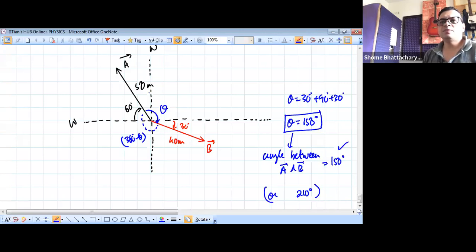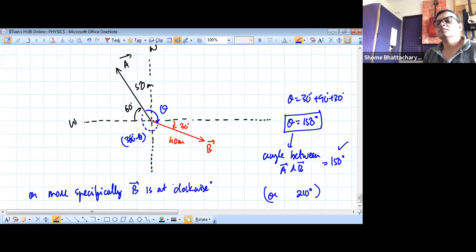If I want to say very specifically, I can say that, more specifically, B is at a clockwise angle of 150 degrees with respect to A.